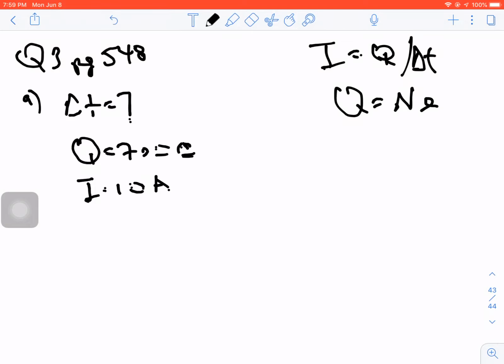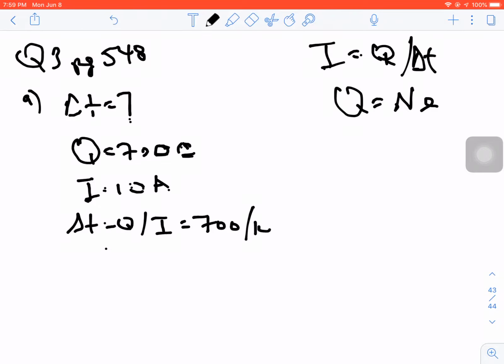So we can solve for delta T using our formula. I'm going to bring the delta T from the denominator up beside I and take the I down under Q. So delta T equals Q over I, which in this case is 700 coulombs divided by my current of 10 amps, and I'm getting time is 70 seconds.